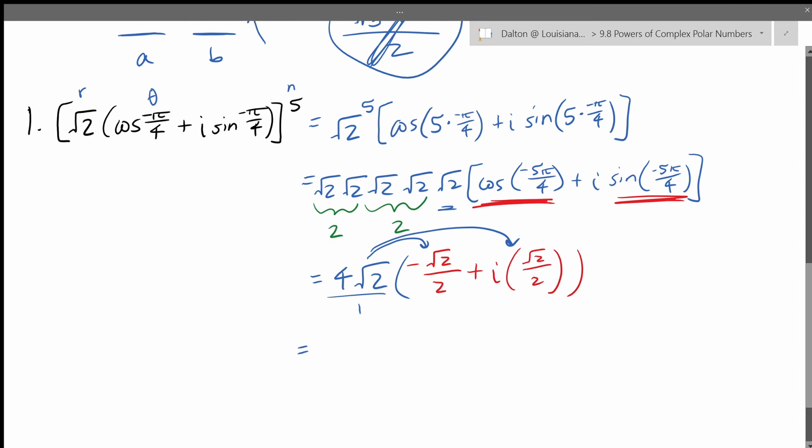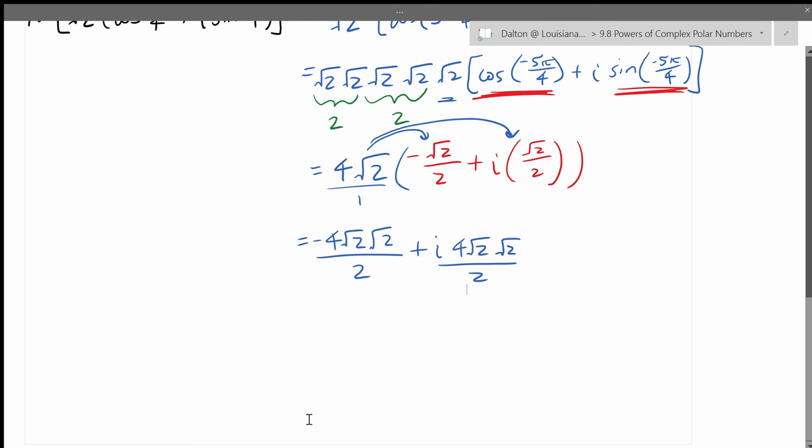So if we multiply the numerator with numerator, denominator with denominator, let me write it in the order that you're seeing it: 4 square roots of 2 times negative square root of 2, so I'll put that negative out front, all over 1 times 2 is 2. Plus i times 4 square roots of 2 times the square root of 2 all over 2.